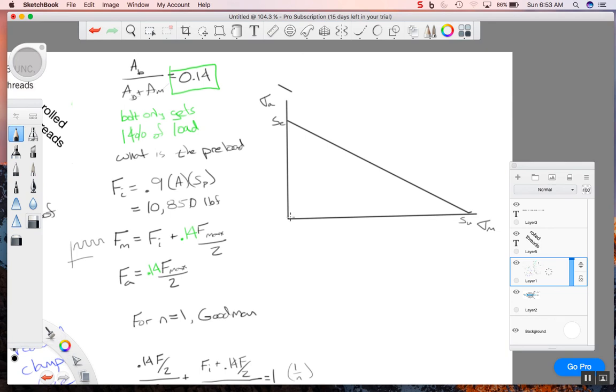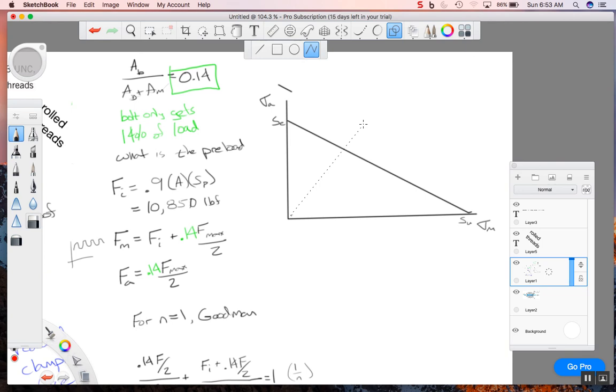But before, my mean and my alternating stresses were really the same. I'll do this in red. So mean and alternating stresses were the same, remember?